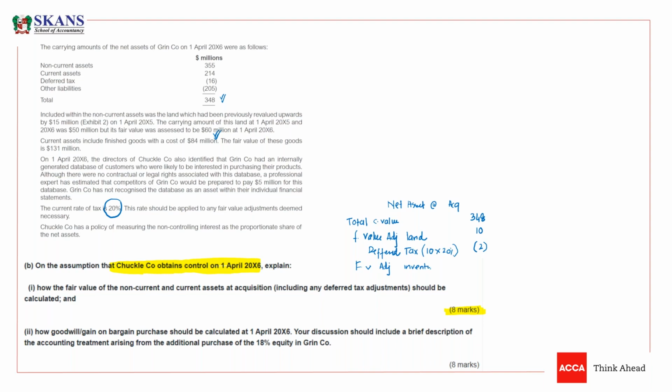Please give me the value. 84 is the cost of that asset, but inventory at acquisition should be recognized at fair value. So what would be the fair value adjustment?